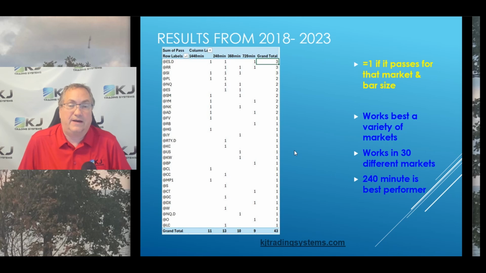Altogether, it works in 30 different markets. You can see the bar sizes across the top where it does work. Anywhere there's a 1, it worked on that combination. So, for example, it worked with the Mexican peso at 14.40 minute. But it didn't work on Mexican peso with the other bar sizes I tested.